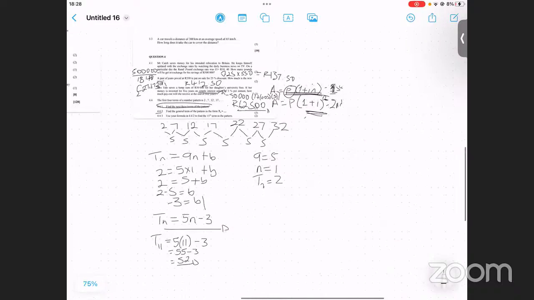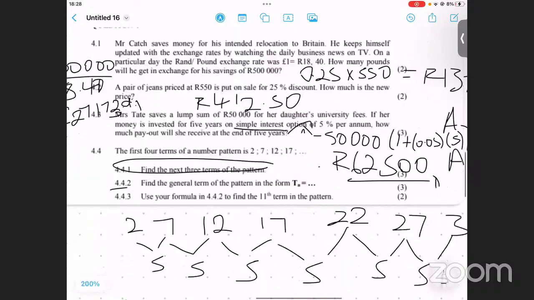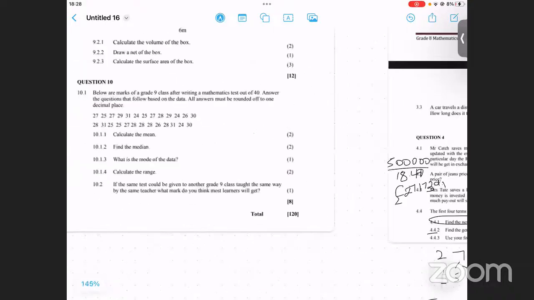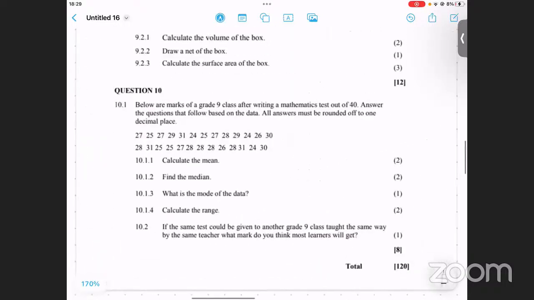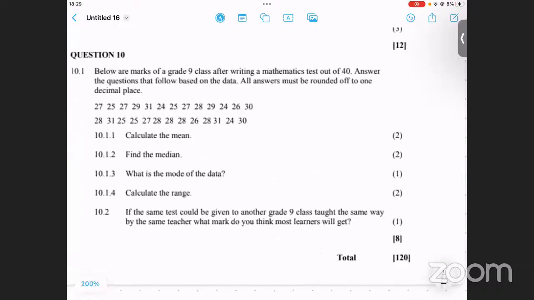Thank you. Do we have any question under question 4? Do we have somebody that missed something here? Okay, I'll just assume that we are right. Okay, let's try to do question 10.